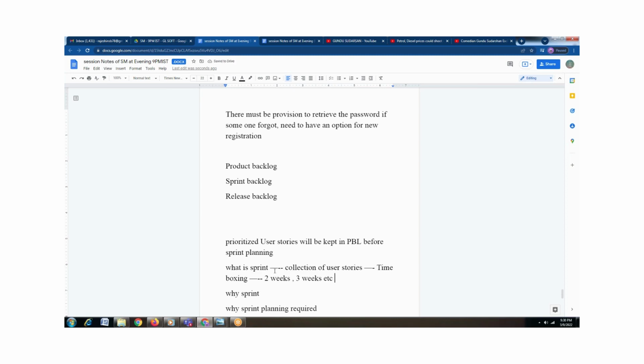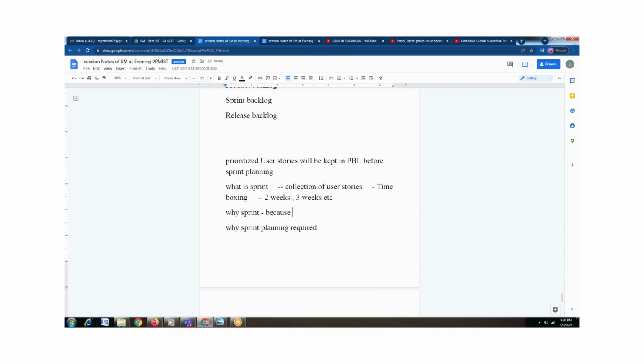Why is a sprint required? Because whatever user stories we are developing should have some time boxing based on the immediate priority.